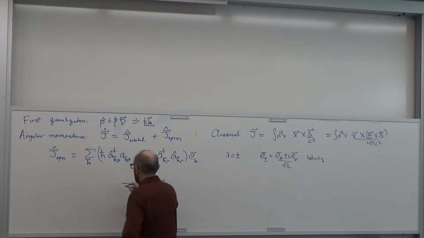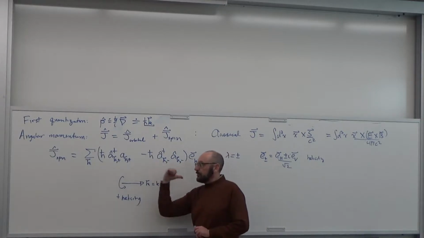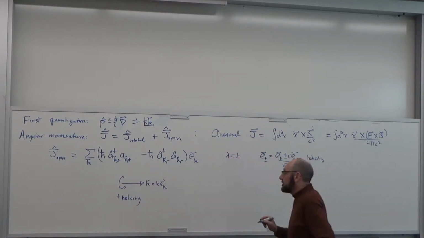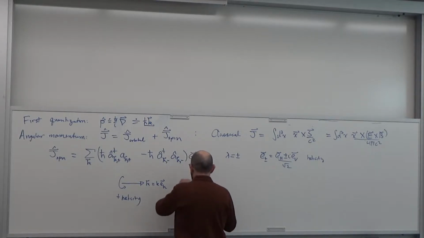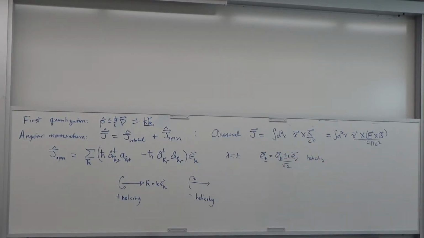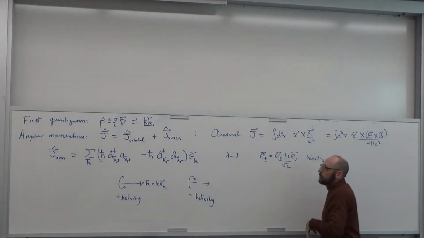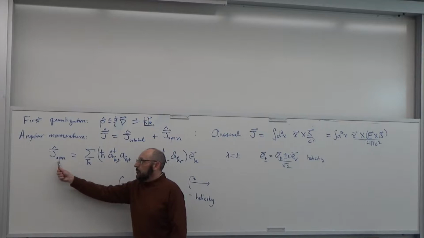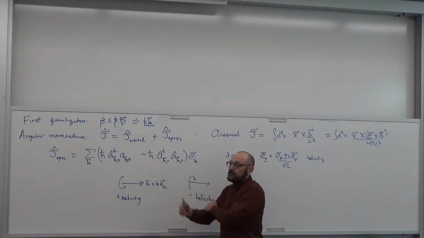And then we can have two helicities. We can have positive helicity, which corresponds to right-hand circular polarization relative to the propagation direction, or negative helicity, which corresponds to left-hand circular polarization. So for this particular mode decomposition, the spin angular momentum operator for the electromagnetic field has this form.